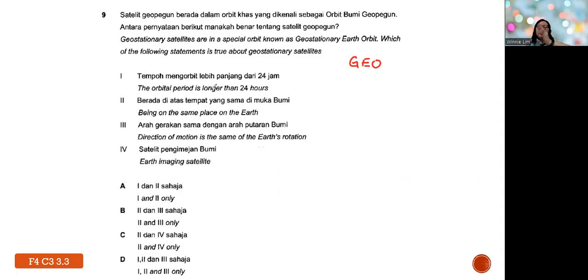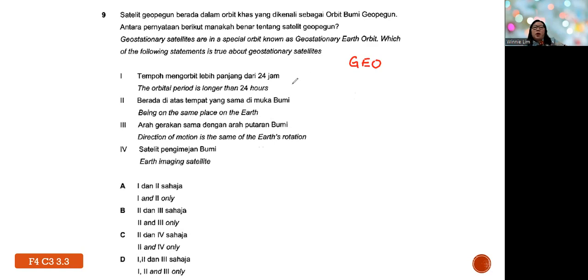They rotate in the same direction, and they have the same time as the Earth to complete one cycle, 24 hours. Therefore, as an observer, when you look at the satellite, they are together, so it seems motionless. That means it is not moving, and it is suitable to be used as a communication satellite.